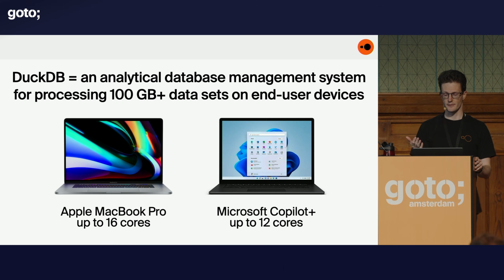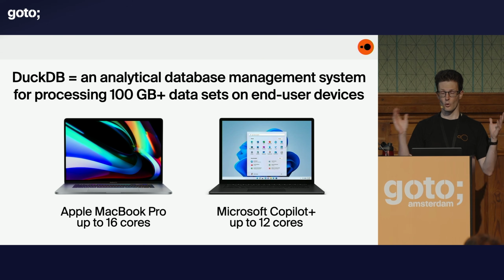And the main observation here is that in the last decade, vendors have been coming out with excellent laptops. You can now go to a store and buy a new laptop with 8, 12, or 16 cores, quite a lot of memory, and a very fast NVMe disk. And this is true for both Apple laptops and laptops by Microsoft, Lenovo, Dell, you name it.